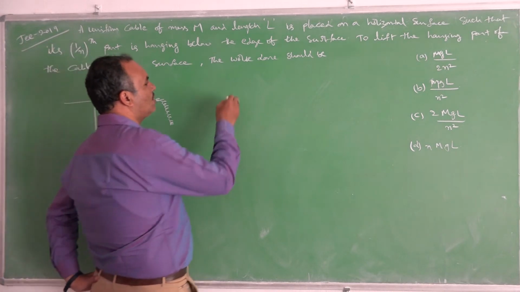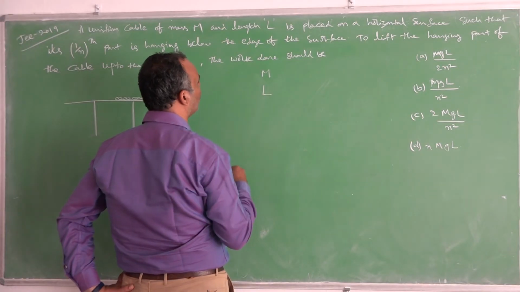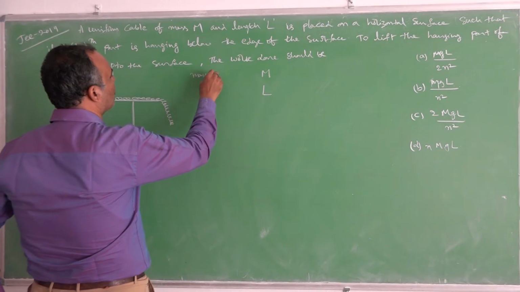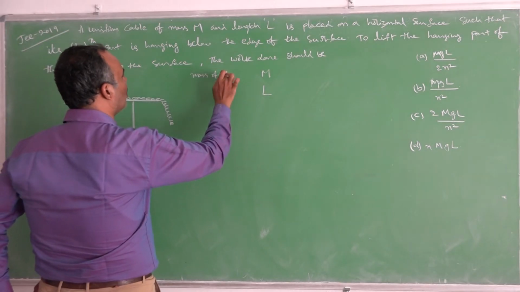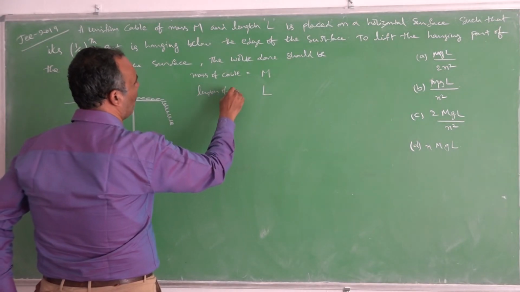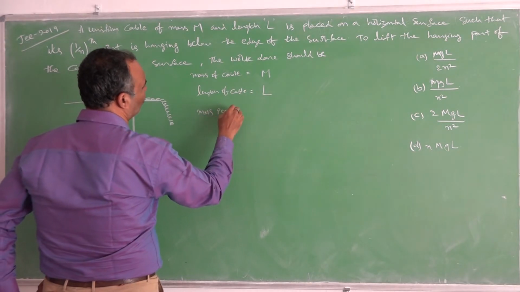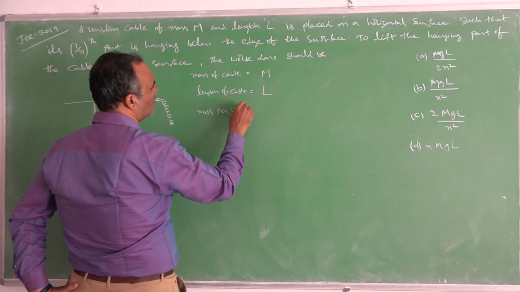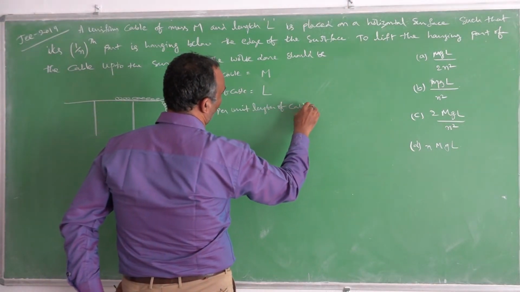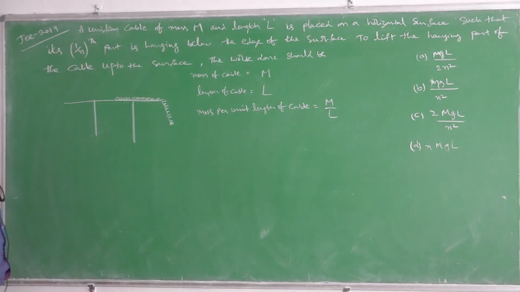The total mass of the chain is capital M. Total length of the chain is capital L. This is the mass of the chain or mass of the cable, and the length of the cable. Mass per unit length of the cable is M by L.